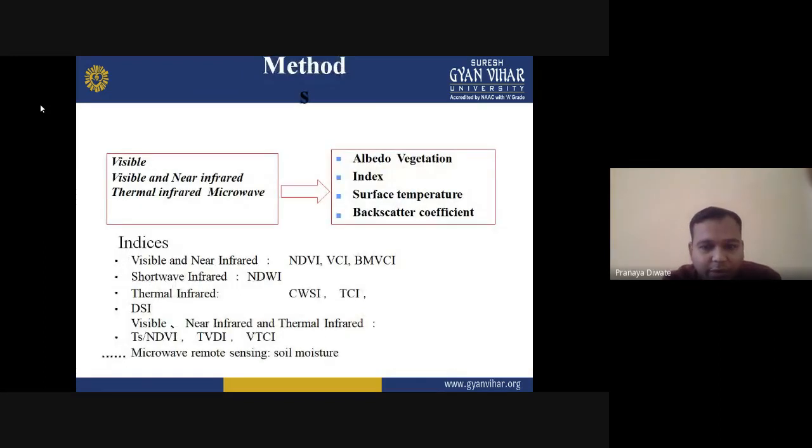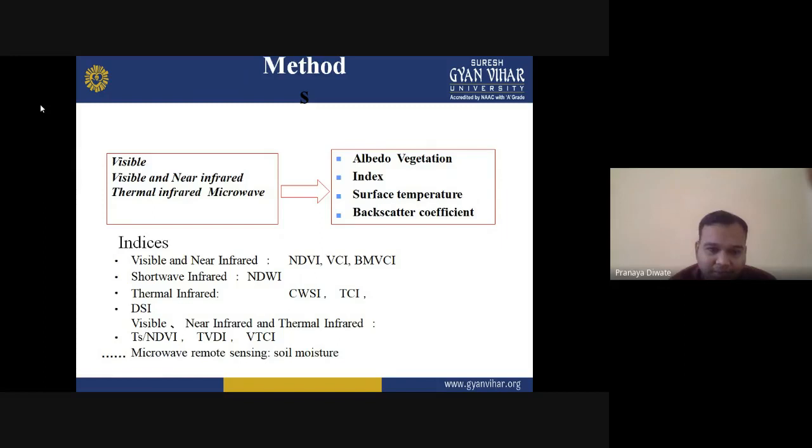Now, what kind of methods have we used? We use different kinds of models and indices. The indices have different wavelengths, which are specifically used for drought monitoring and assessment.